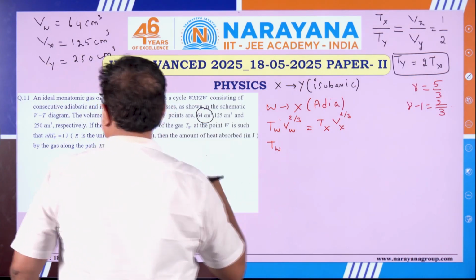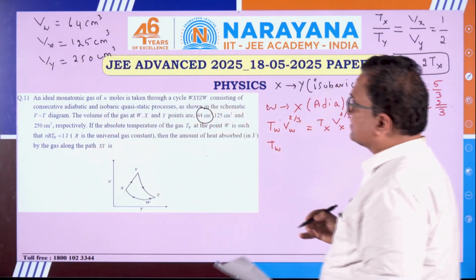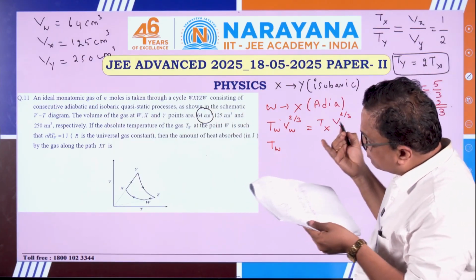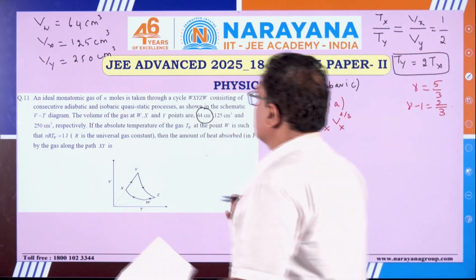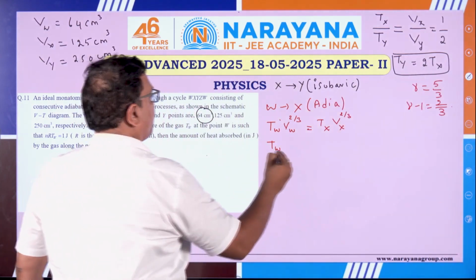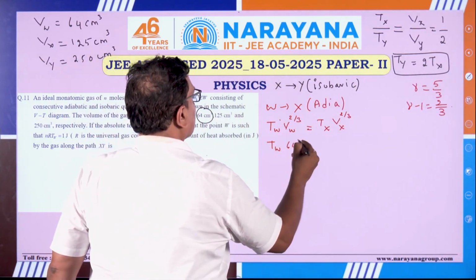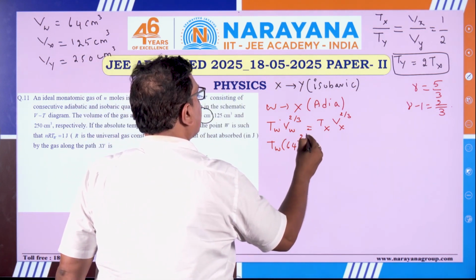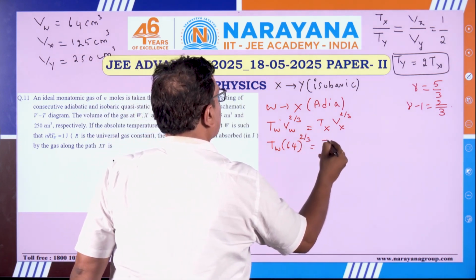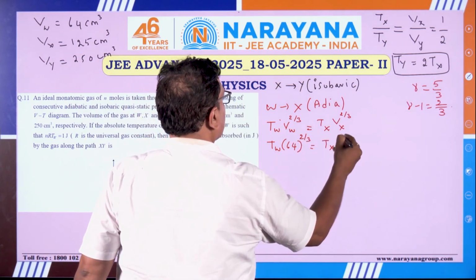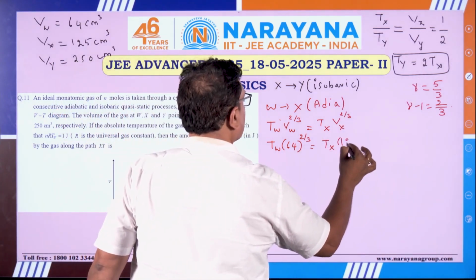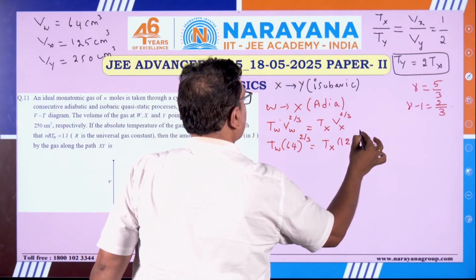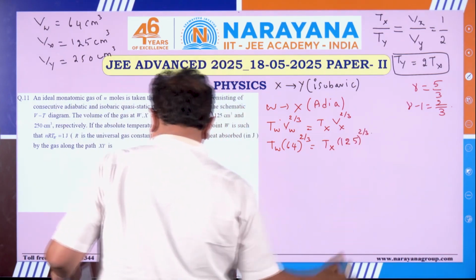Why am I fascinated with these numbers? Because I have numbers Vw, Vx. I have numbers, I need to make use of that. Tw times 64 to the power of 2/3 is equal to Tx times 125 to the power of 2/3.